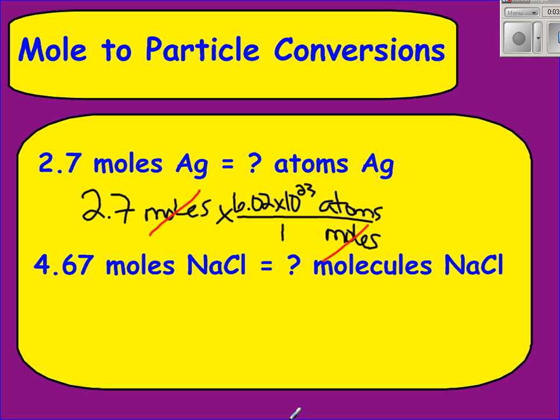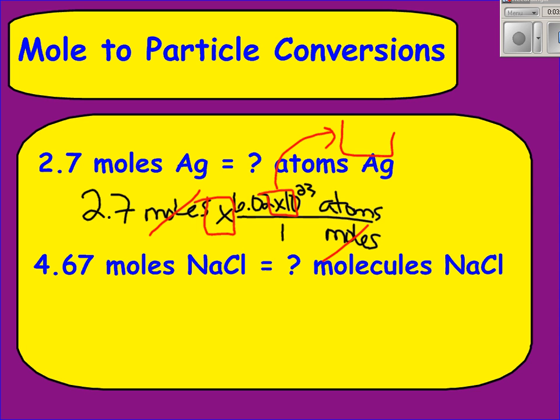The most difficult part about this process is being able to punch this into your calculator. Grab your calculator and let's do it together. Type in 2.7, hit the multiplication sign, type in 6.02. Then when you get to the times 10 part, your calculator will have one of the following 3 buttons.